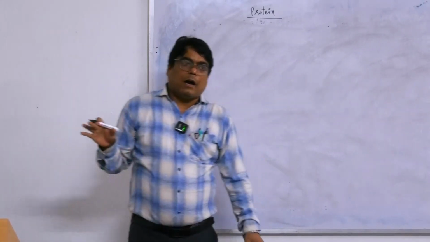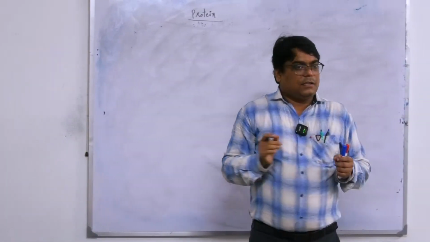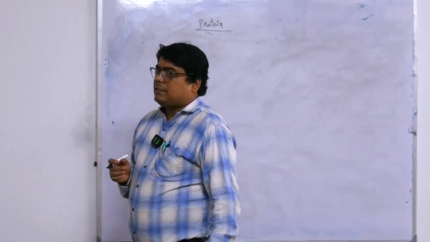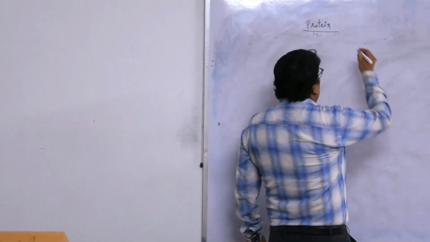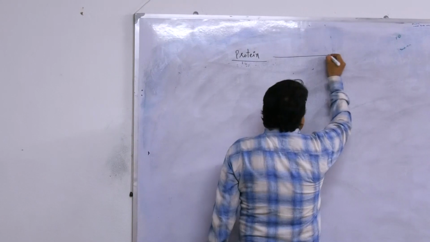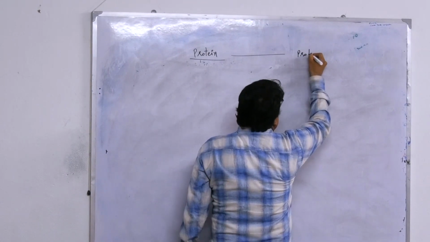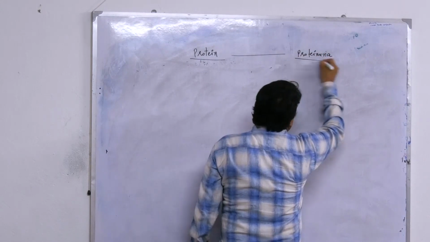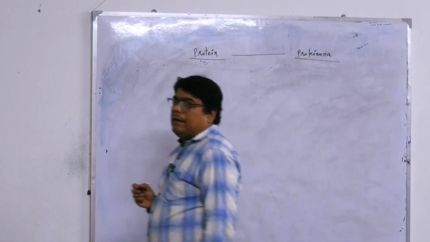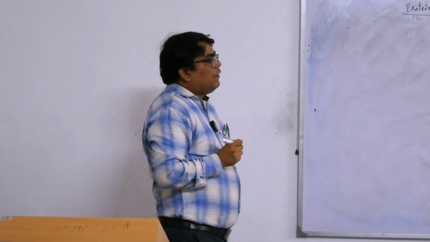All of you know how peptide bonds are formed? By condensation reactions. These are generally the protein definition. When this protein is present in the urine, it is known as proteinuria. Okay, proteinuria.